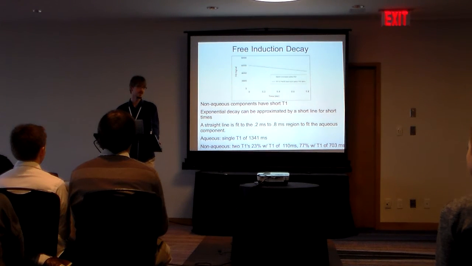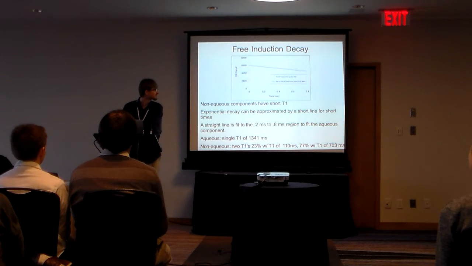So he fits straight lines to a short time component, which we assume is primarily due to aqueous. Non-aqueous components have a very short T1 from other experiments done, so they decay away by the 0.2 millisecond mark.